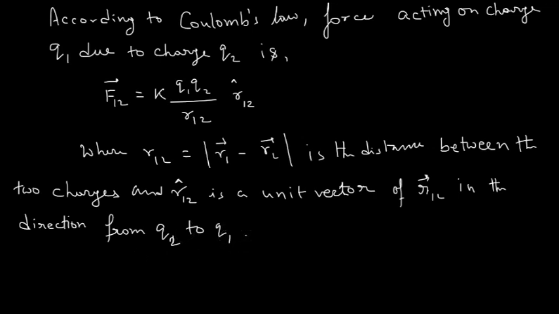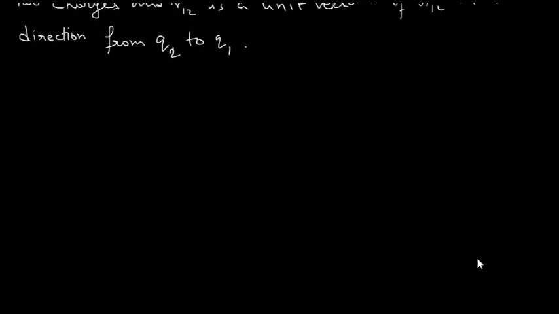Therefore, unit vector r12 is equal to r1 minus r2 upon modulus of r1 minus r2.